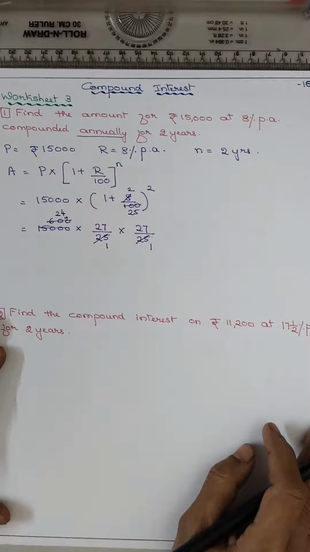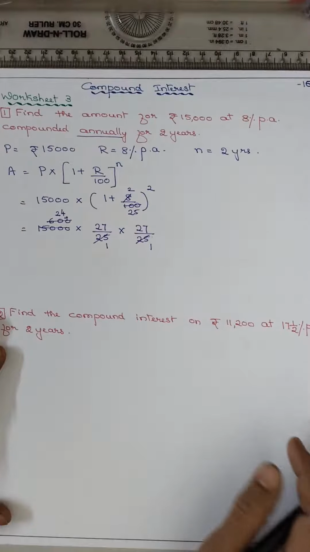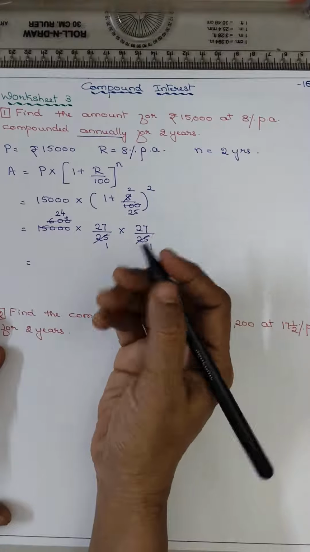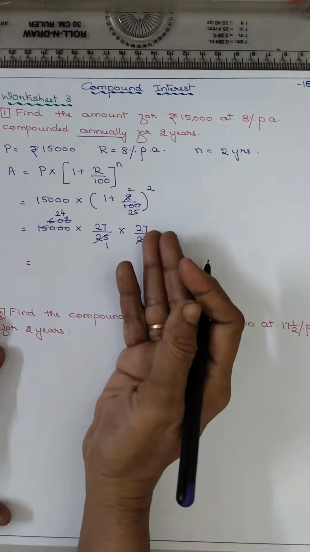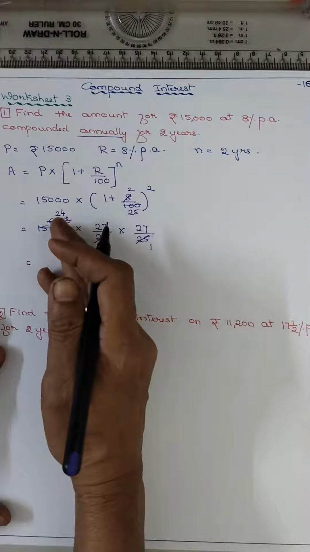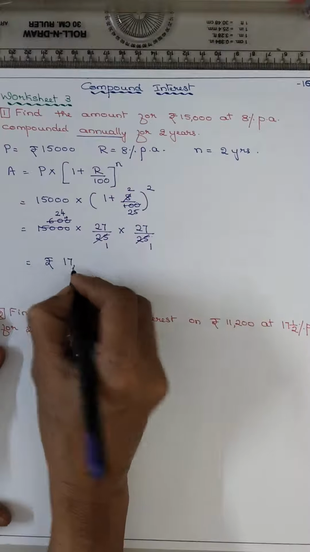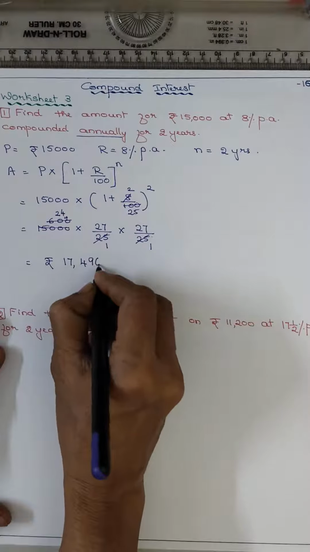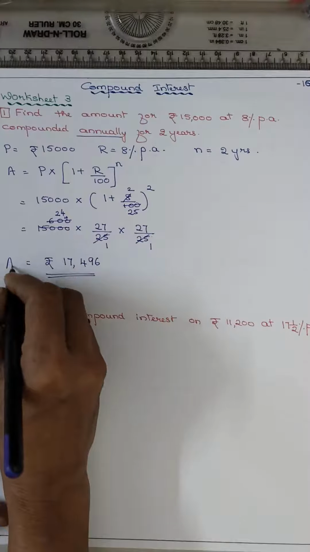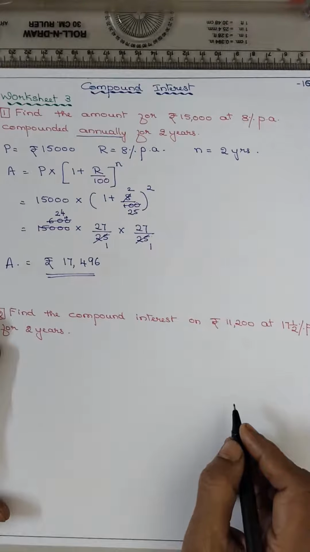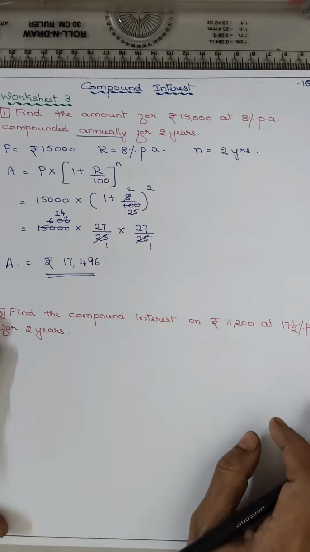Now 27 into 27 into 24. 27 27s are 729 into 24. You will be getting 17,496. That is the answer. 17,496. Calculation, rough work you have to do.